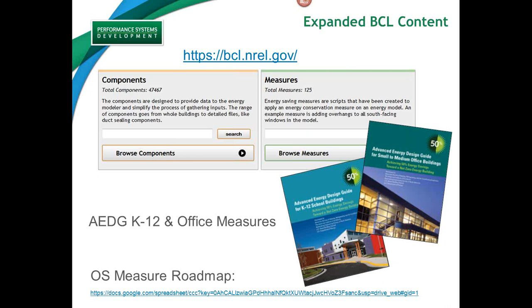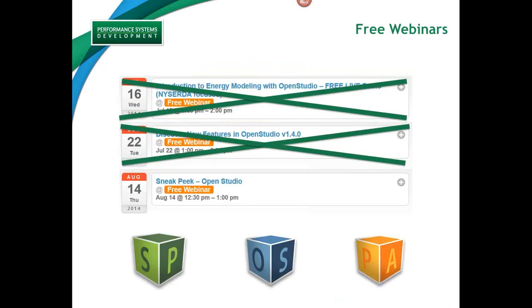You'll see, I pointed out at the bottom of this slide, the link to the OpenStudio Measure Roadmap. The strength now that we have the Apply Measure Now capabilities to modify our model in near real time really turns to leveraging measures, and as we see more measures get contributed to the Building Component Library, I believe we'll start to see those measures being very valuable for very quickly building up a model just by stacking measures.